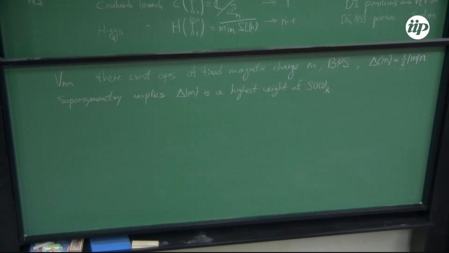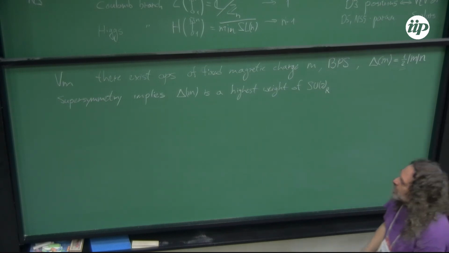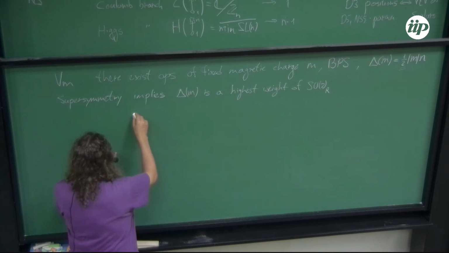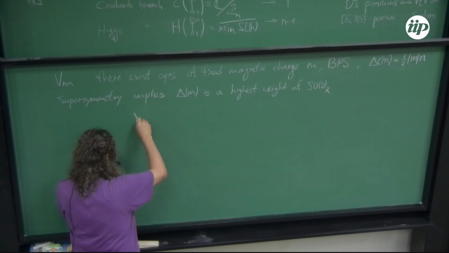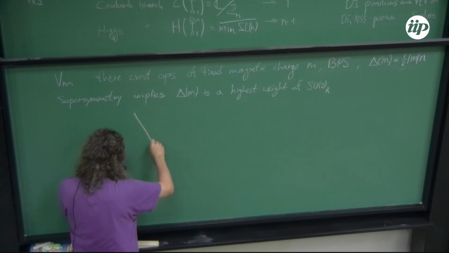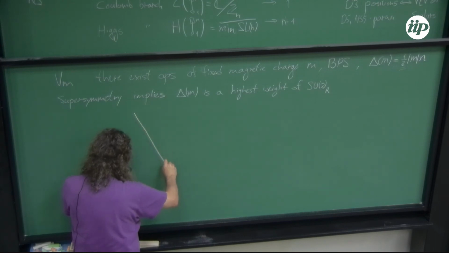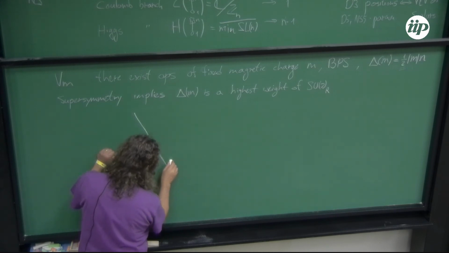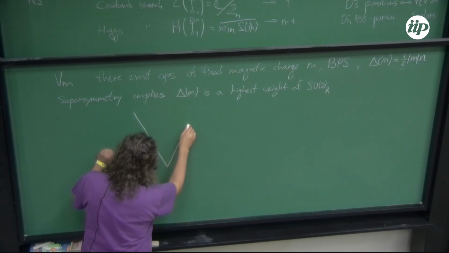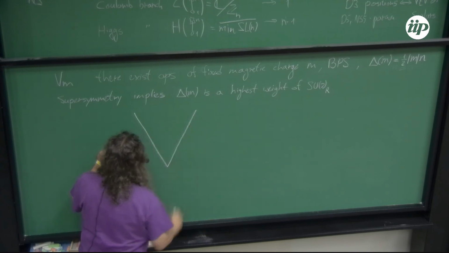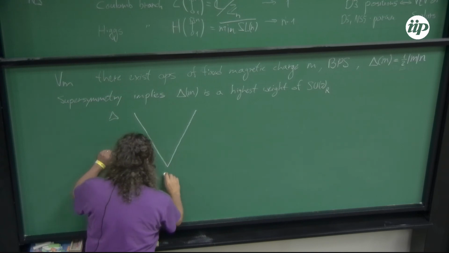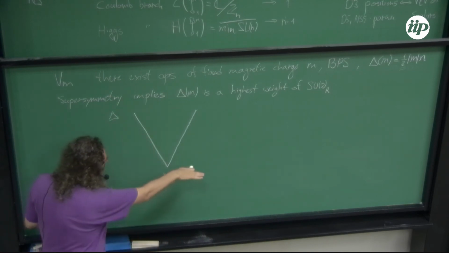Now we don't have much time, so I'll just tell you the final picture. So here's that graph of delta. I'll do it like this. Right, so M is the horizontal direction.